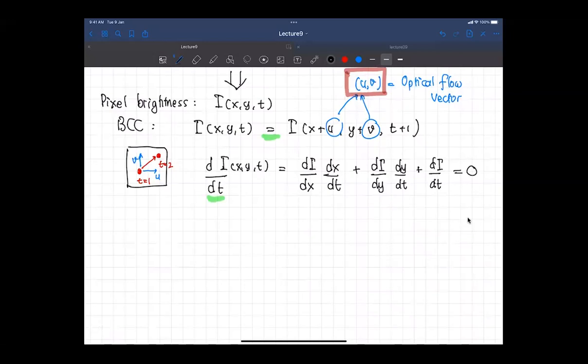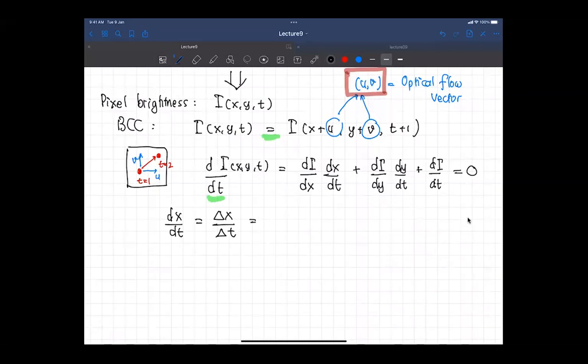So let's look in more detail at dx/dt. In discrete form, we can discretize it to delta x divided by delta t, the change in x divided by the change in t.